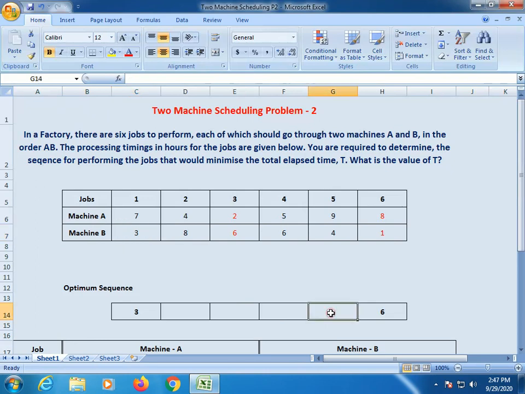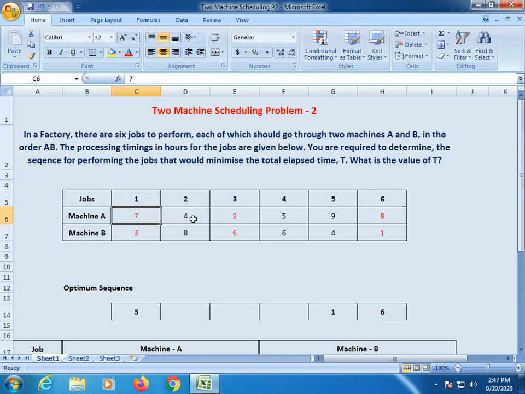So here I am placing the job, that is 1. The 3 processing time is related to job 1, so I am placing here the job 1. Okay, then I do not consider these 2 values, even I do not consider the 7 value also.